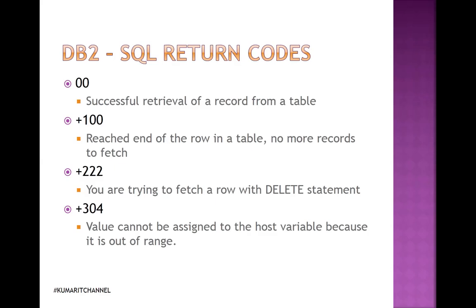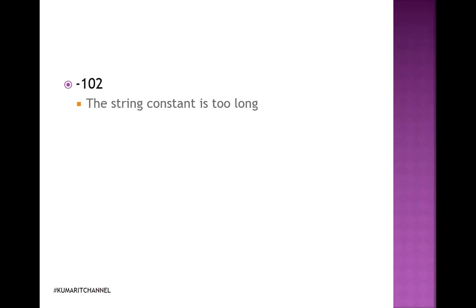Or maybe the host variable data type is invalid, most commonly. And -747: the table is not found. You're trying to retrieve the table, but that particular table is not found, and you see that abend. -102: the SQL statement constant is too long, and -101 is also seen: the SQL statement exceeds an established DB2 limit.